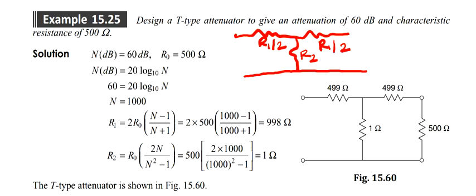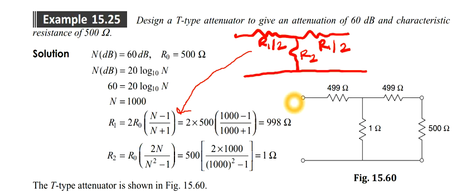So when the series arm resistances are R1 by 2, these formulas are applied. Of course, in case of T-attenuator, the shunt will be R2. There is no multiplier or division applied here. So only in case of the series arm for T-attenuator, there will be a division. In some cases, we may not consider the division of 2. So this formula is applied when the network is having R1 by 2. That is very important.